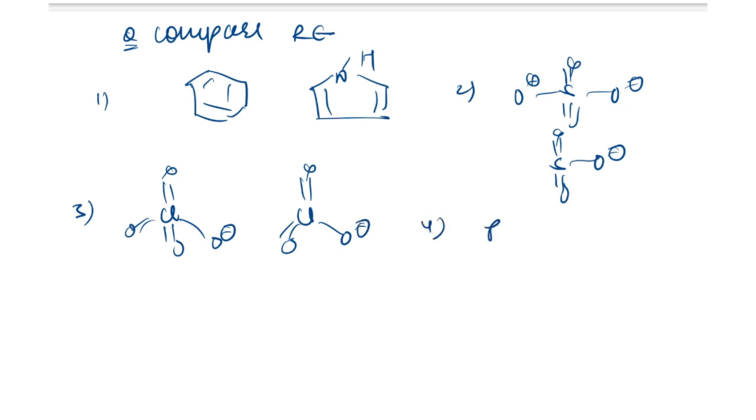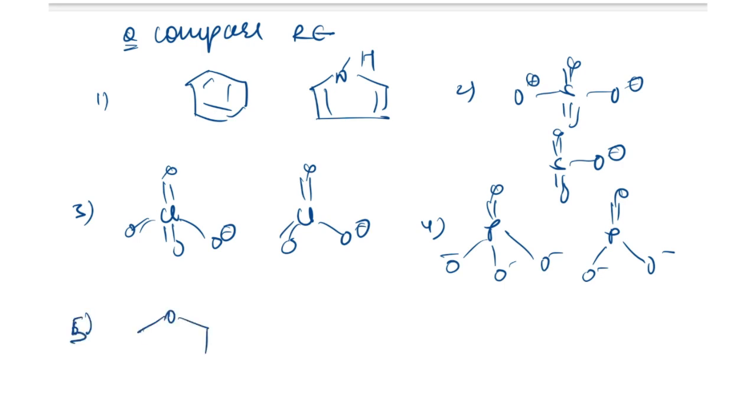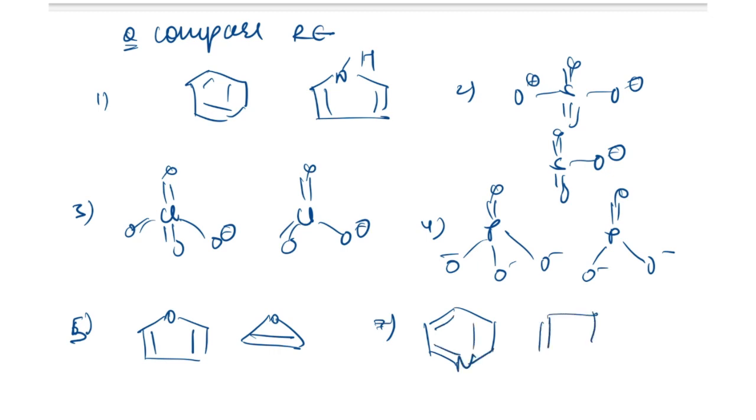Fourth we have P double bond O negative O negative O negative, P double bond O negative O negative. And fifth we have furan and this structure. Seventh we have pyridine and again pyrrole. Now you have to compare the resonance energy between them.